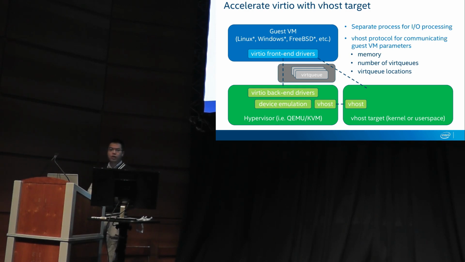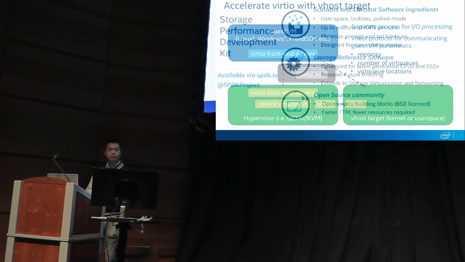For example, the memory, the number of virtio queues, or the virtio queue locations. And definitely we can have the vhost kernel target solution, or also the user space solution. In our topic, we will talk about the user space implementation.